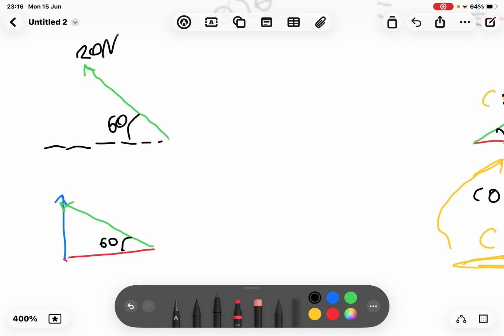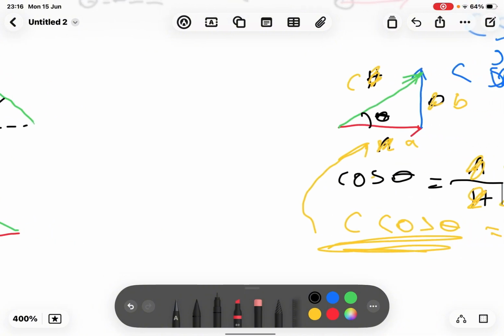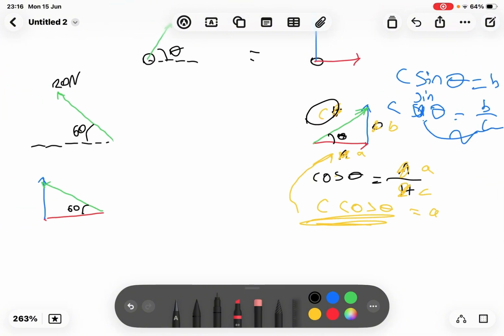And from that, we know from last time that C, the hypotenuse, is 20, and A is the adjacent.